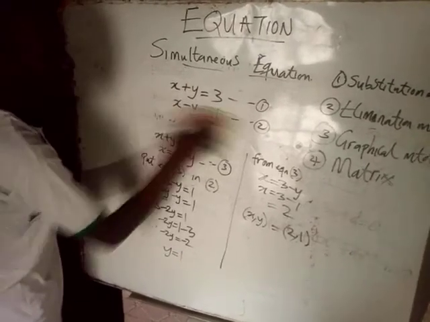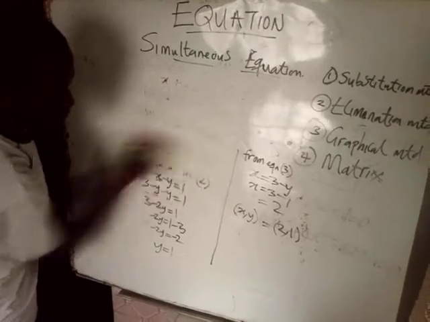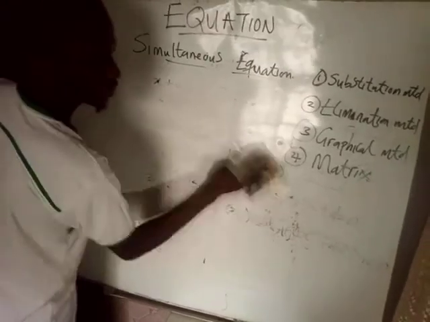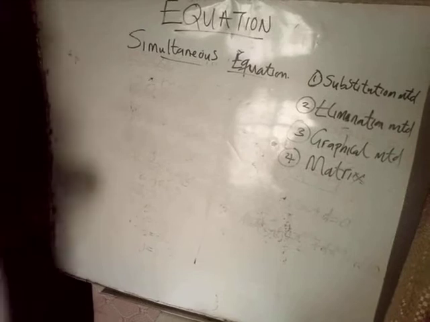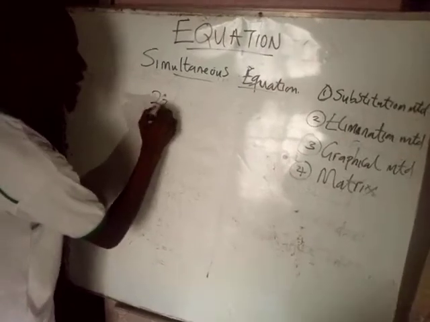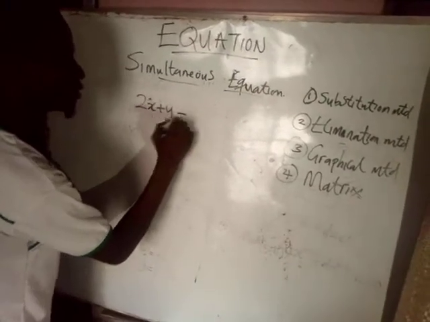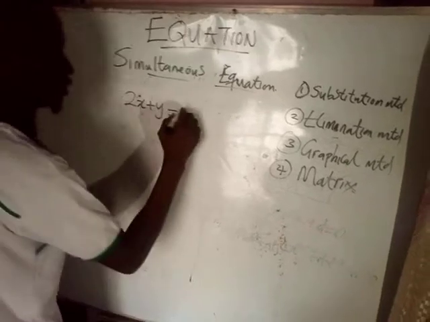So let me clean this up. The second question is 2x plus y is equal to 3.